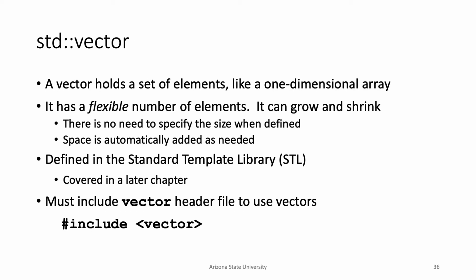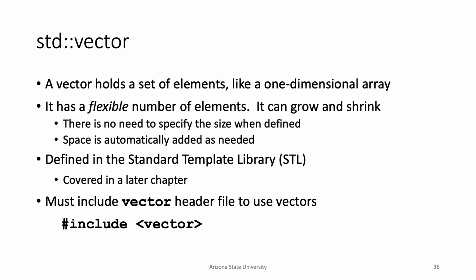Okay, so now we have finally come to our Lord and Savior, standard vector. This is probably my favorite part of all of C++ because it liberates us from the downfalls of arrays, but gives us the same power as arrays.